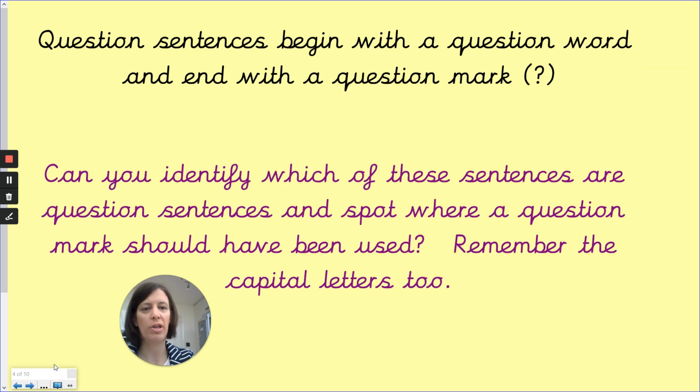Question sentences will begin with one of these question words and then they will end with a question mark. So there's the question mark in case you've forgotten what it looks like. So we're going to have a look at some sentences and you're going to see if you can identify which of these sentences are question sentences and spot where the question mark should have been used. Remember that they will all need the capital letters putting in too.